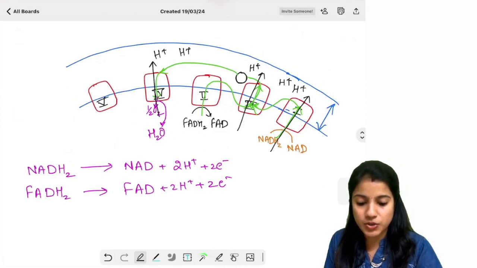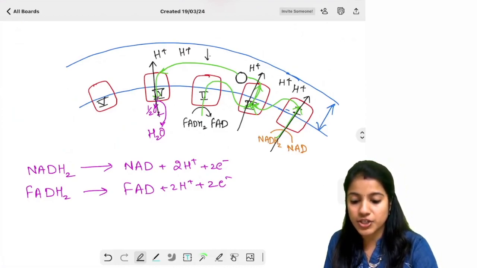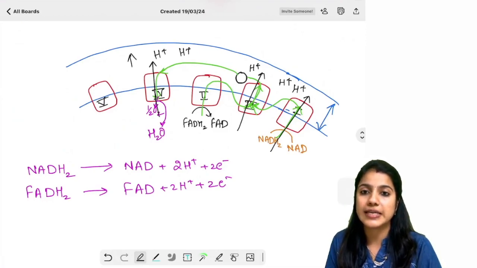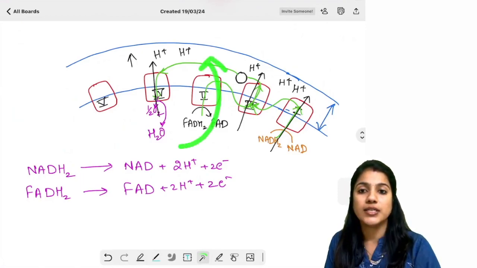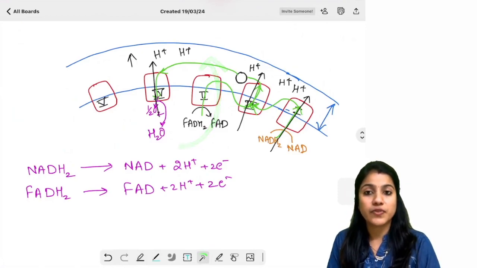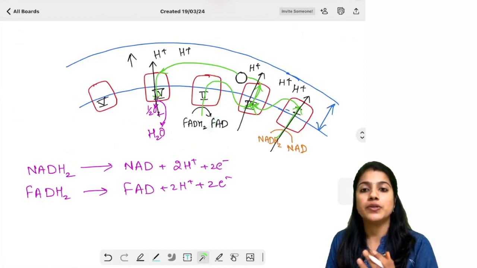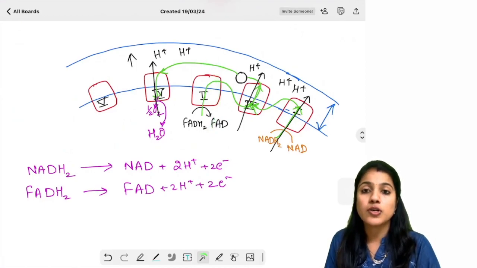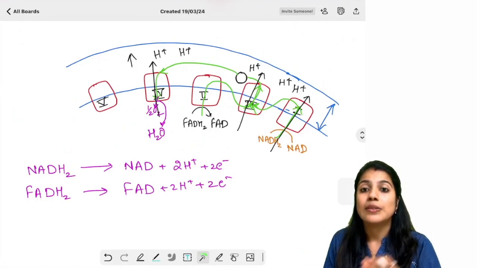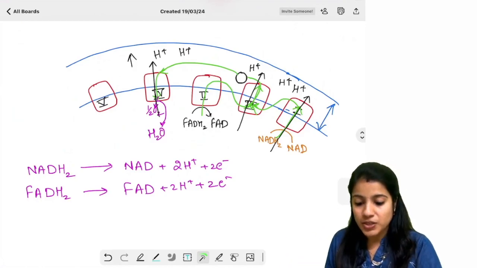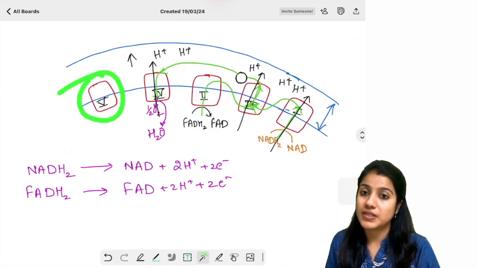Now what happens due to this? Here, the concentration of proton goes on increasing as protons are traveling from the matrix to the intermitochondrial membrane. Now, as we know, according to the gradient, protons will travel from higher concentration to lower concentration through the ATP synthetase molecule. So, here is this complex, that is complex 5.